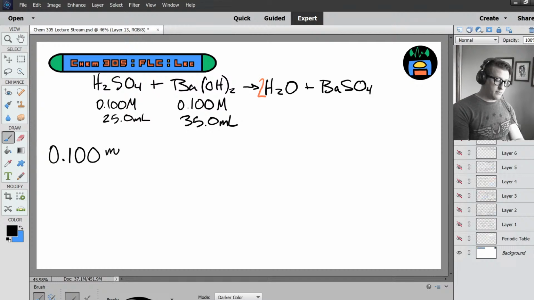Now molar, that's moles of H2SO4 over liters. All right, and we want to get rid of our denominator, so we're going to multiply by our volume converted to liters. So that'll be 0.0250 liters.